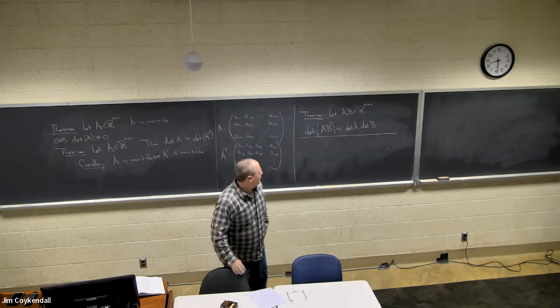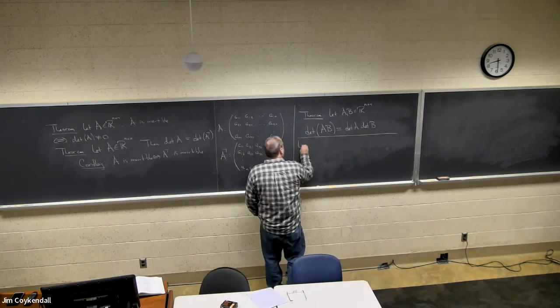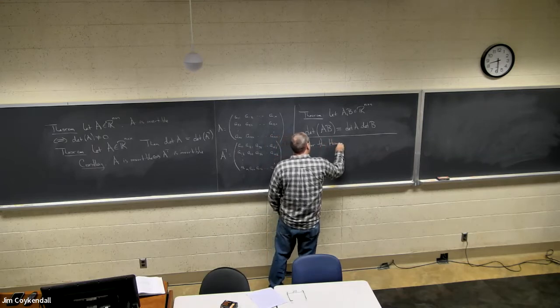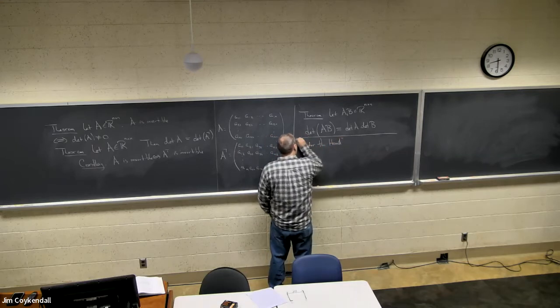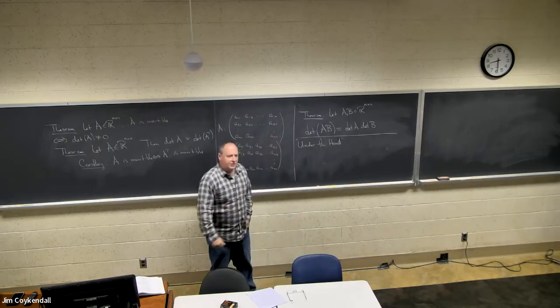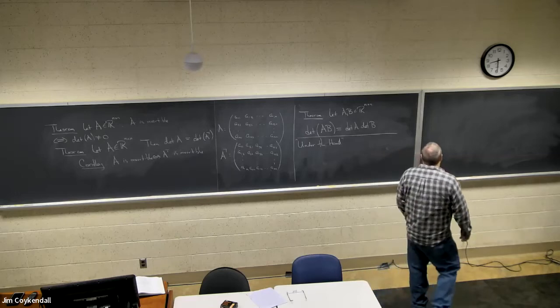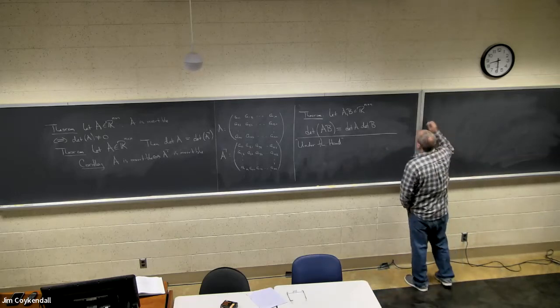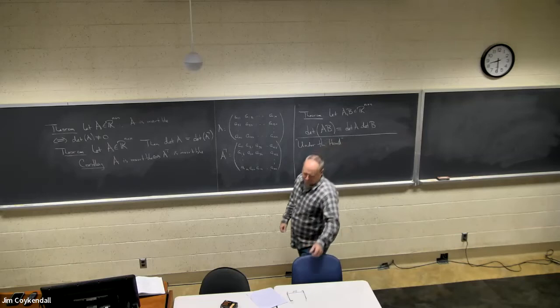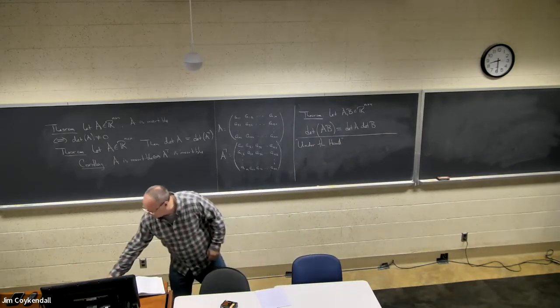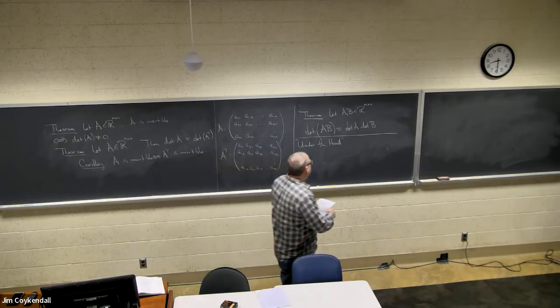So let's get a little bit under the hood here, and try to understand this. Try to look at the engine and see why it works. Let me ask you all this. So we had a theorem that said the following.